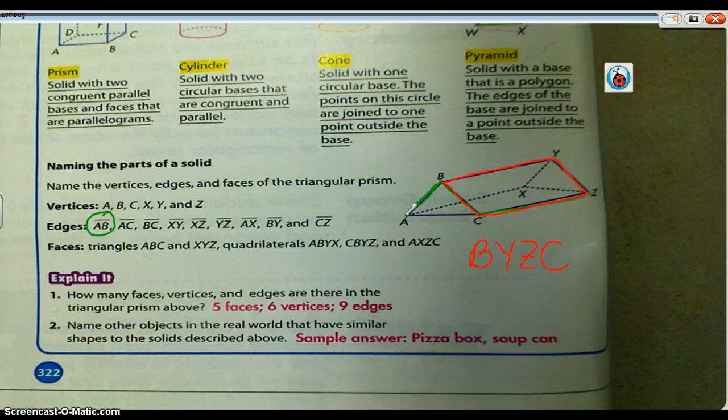Okay, I could also call it BCZY. It doesn't matter as long as I go in order. I can either go this way or I can go this way, as long as I have the four vertices of that face. I cannot say BZYC. I cannot mix those letters up.